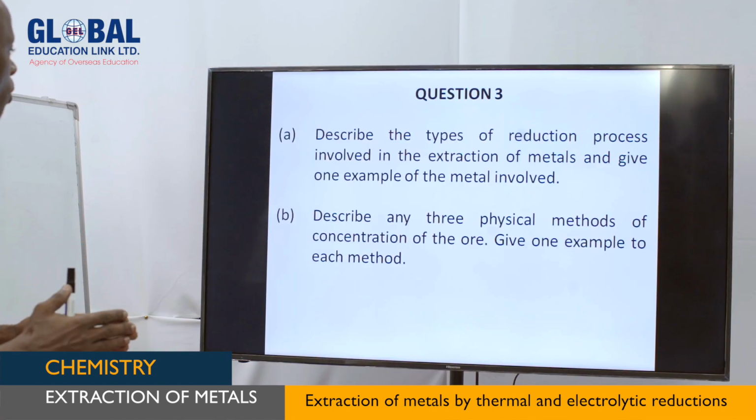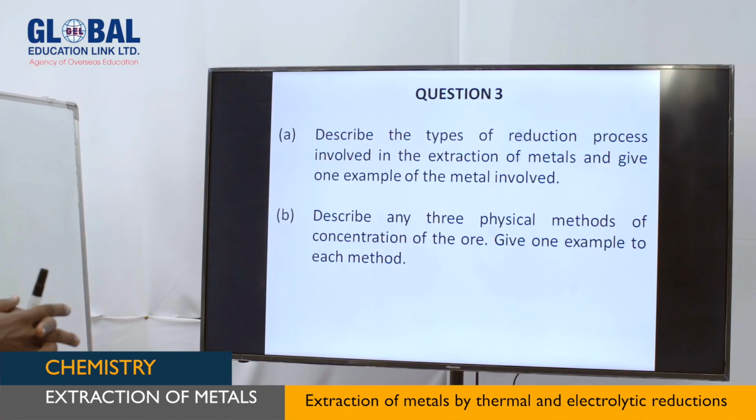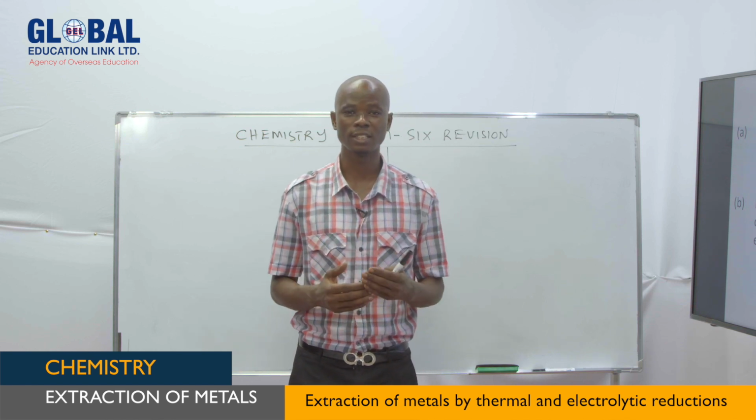Here, you are told to describe the types of reduction process. If we were together in the presentation, we have discussed the methods of reduction, about 6 methods of reduction. The method of reduction also depends on the reactivity of the metal sometimes.